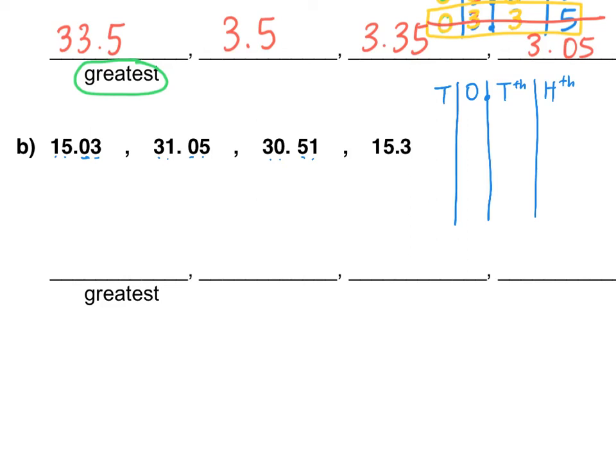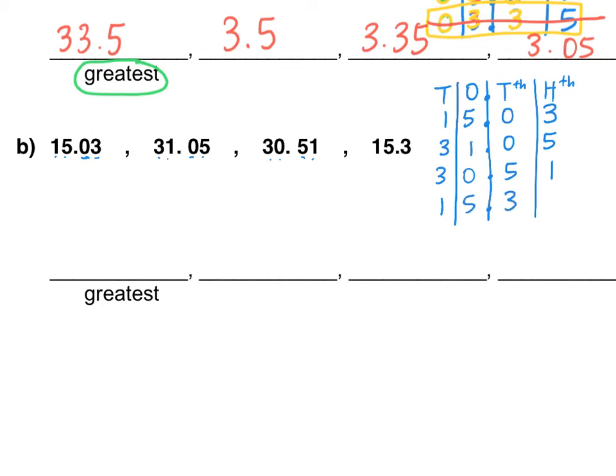Okay, so now put in the decimals, the dot, 15.03, followed by 31.05, followed by 30.51, followed by the dot, 15.3.